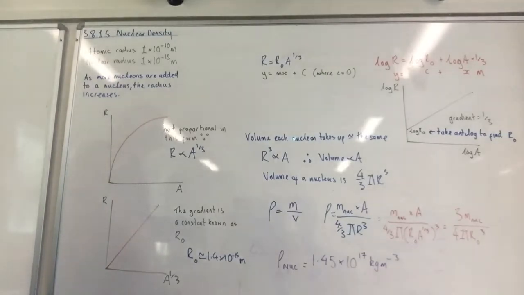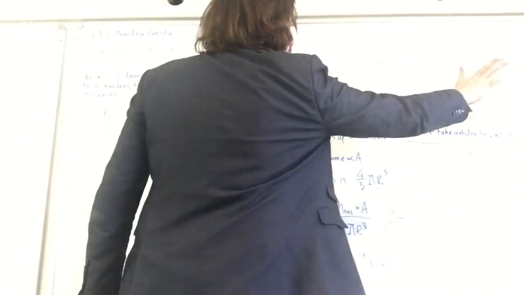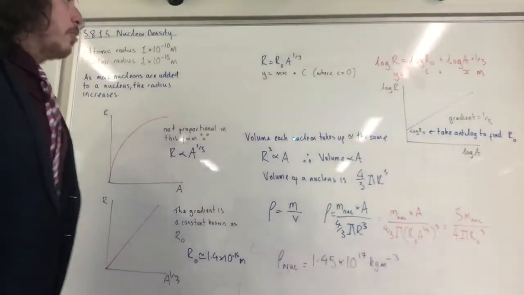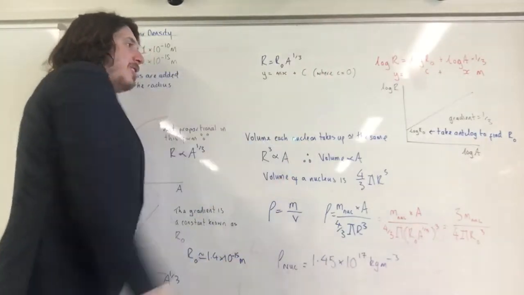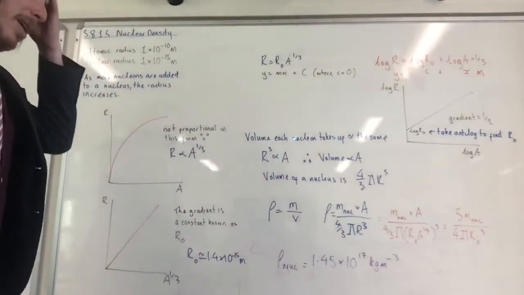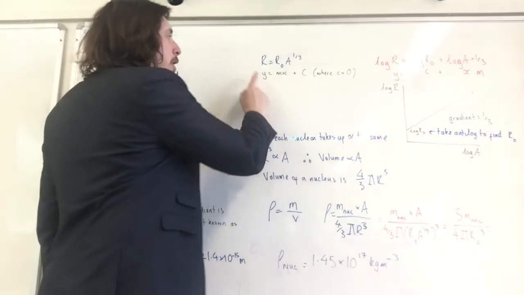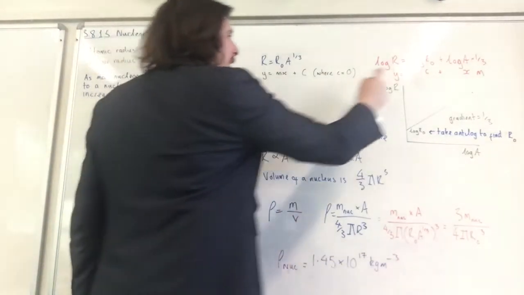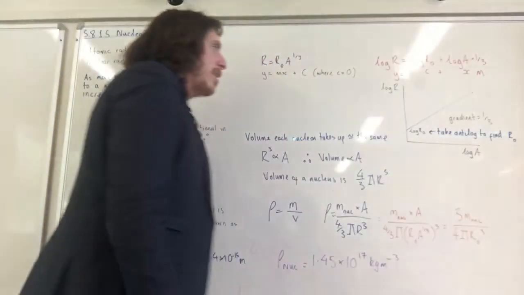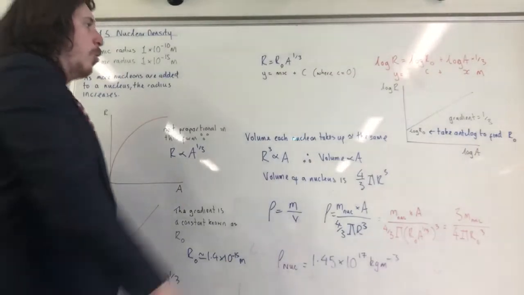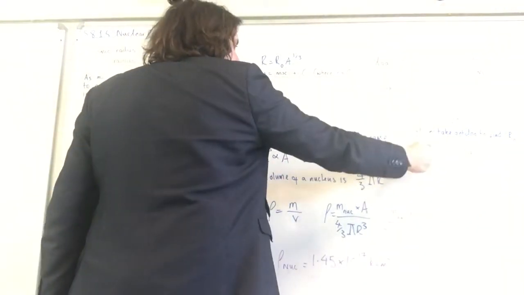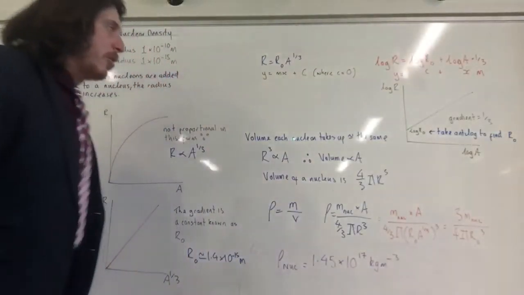The logarithmic way is to multiply through by logs. Okay, that brings the third down onto the same level and stops it being a power. So you have log of R equals log of R0 plus log of A times a third. So y is log of R, so you plot your y values there.